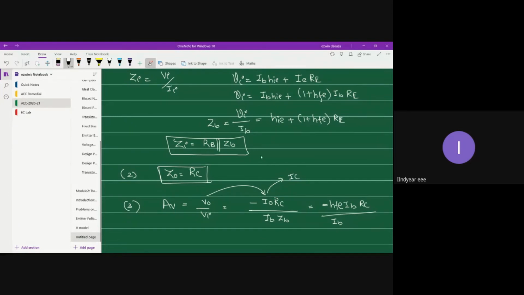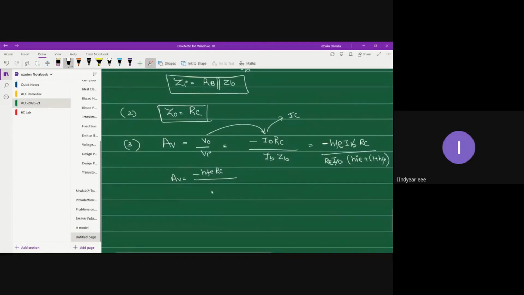What is ZB? Somewhere over here we have ZB is HIE plus 1 plus HFE into RE. So IB gets cancelled. We will be left with AV equal to minus HFE RC, and in the denominator I have RE into HIE plus 1 plus HFE.